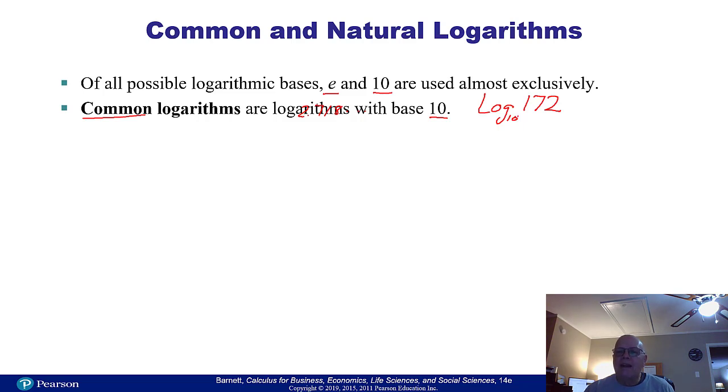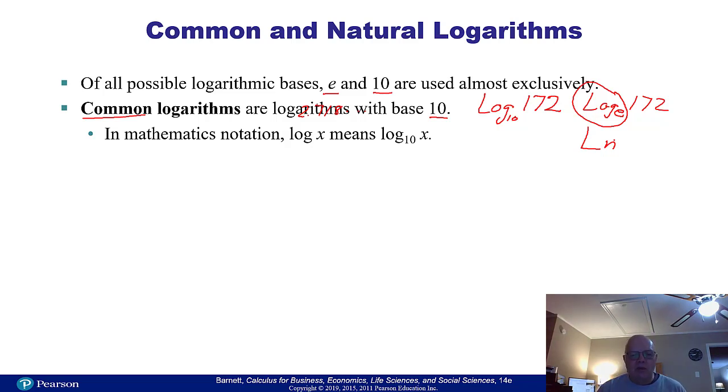If they want any other base, they'll specifically write that base down here. Second, suppose they want the base to be E. Well, this is used so much that we actually have a shortcut for that. And we call it the natural logarithm because E happens so much in nature.